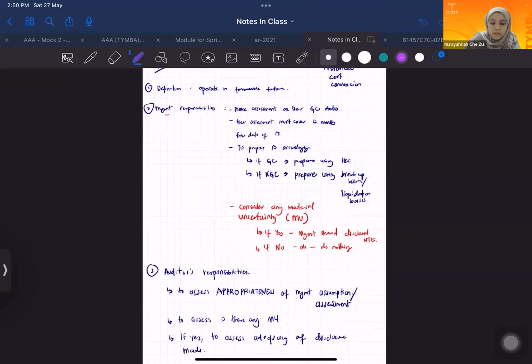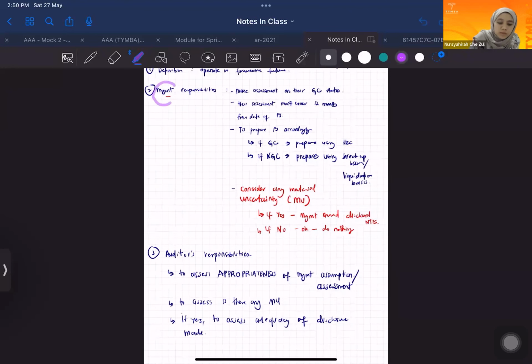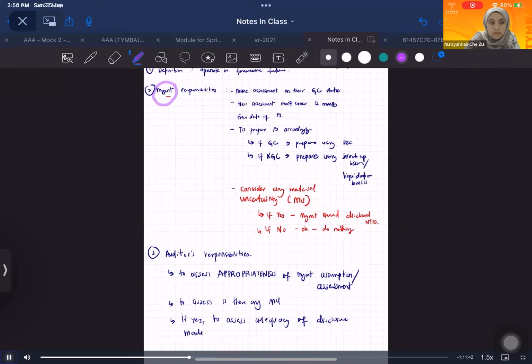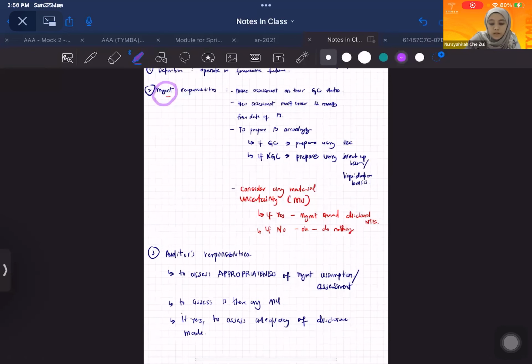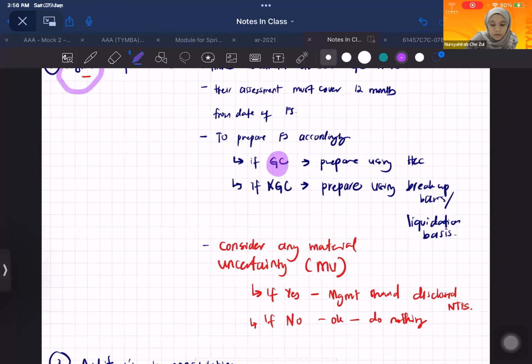So basically relating to going concern, it is management responsibility to assess whether they are still going concern or not going concern. Once they make evaluation, whether they are GC or not GC, they have to prepare their FS accordingly. If they think that their company is going concern, then you prepare your FS using historical cost convention, which is as per usual.